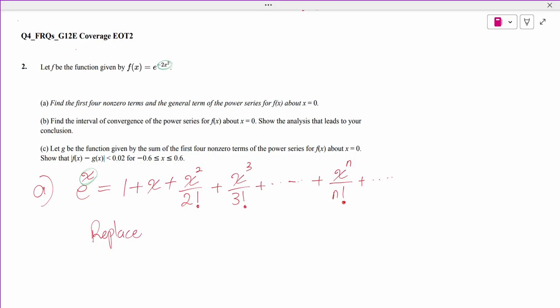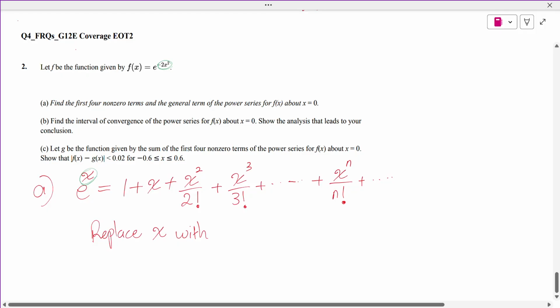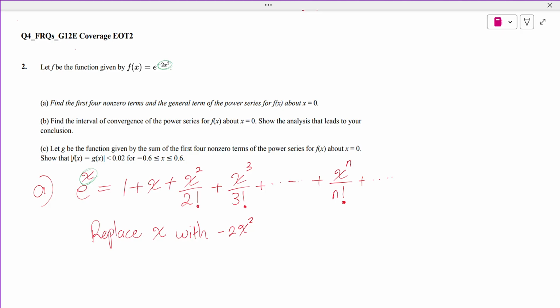We replace x with minus 2x squared. So what happens if we replace it with minus 2x squared?